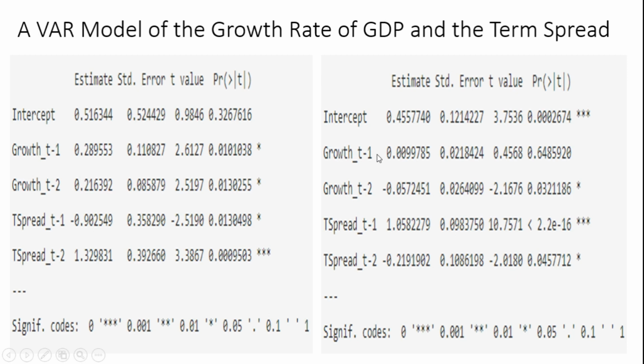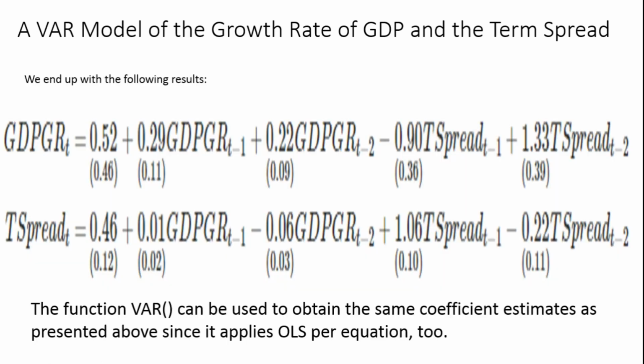So after this estimate, we can substitute our coefficients in our equation to obtain the linear representation of GDP and term spread in function of different lag variables, and you see different constants, different coefficients that are put into the equation.